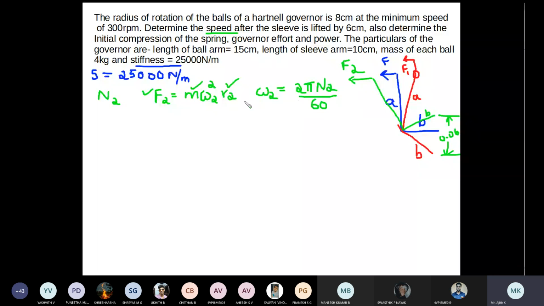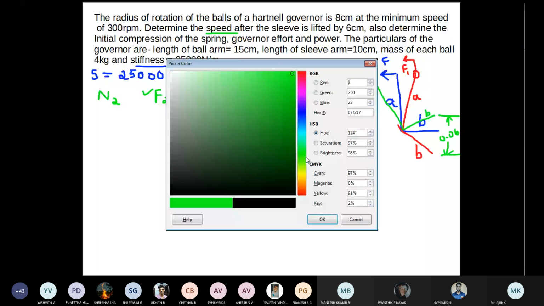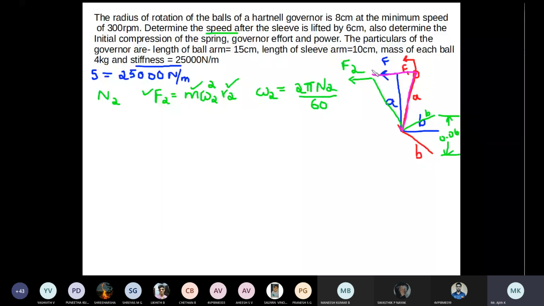To calculate R2, we'll use the same procedure that I used in the previous problem. You have to consider two similar triangles, triangle 1 and triangle 2. From these two triangles, the base is 0.06.